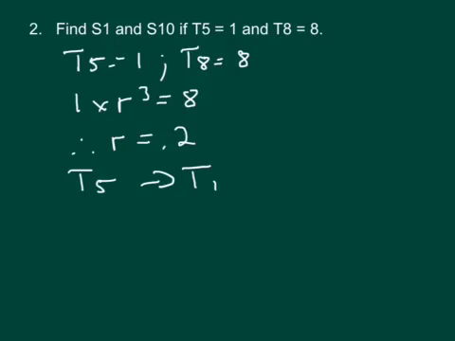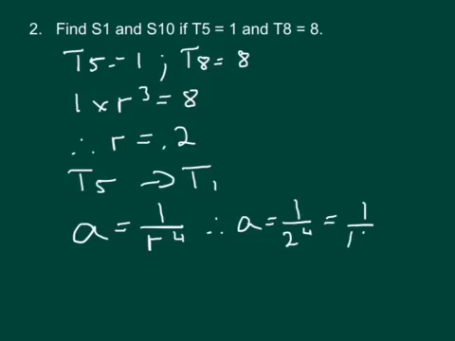So we can say now that a is equal to 1 divided by r to the power of 4. But r is, of course, 2. So therefore a is going to equal 1 over 2 to the power of 4, which of course equals 1/16.